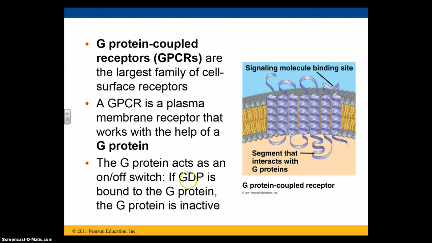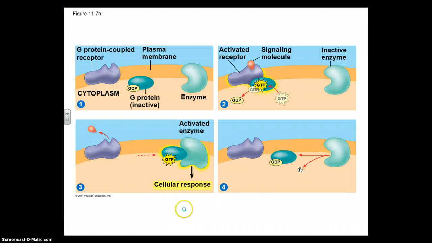And this DP is still diphosphate. So if we look over here, we have our G protein coupled receptor in picture number 1, and we have a G protein that has GDP bound to it here. So this G protein is inactive.